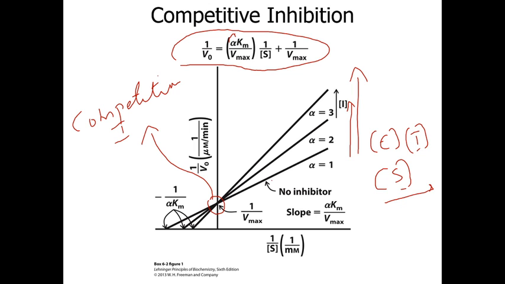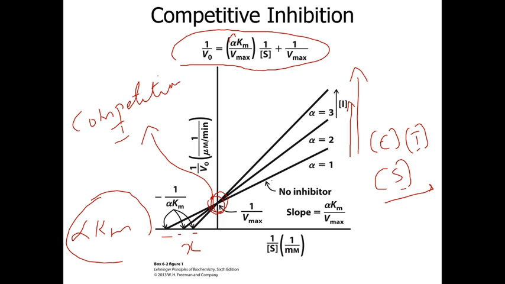Now, remember, the y-intercept is 1 over Vmax. If the lines intersect, that means that Vmax is not changing, whereas Km is changing, because Km is the intercept at the x-axis. As you can see, it is given by minus 1 over alpha Km, and the alpha Km is the apparent Km.